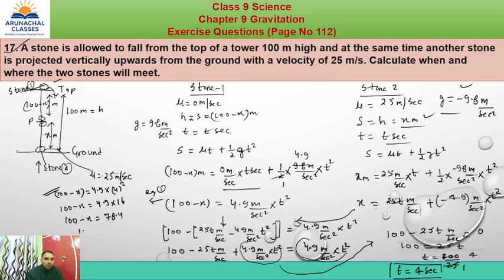Now 100 minus 78.4 equals x. If subtracted, it will be 21.6 meter. So x will be 21.6 meter.